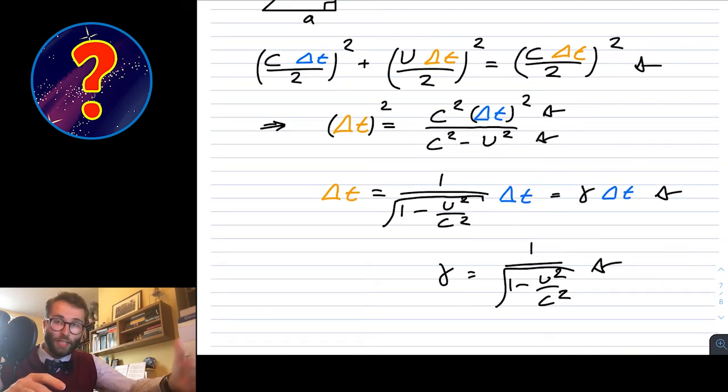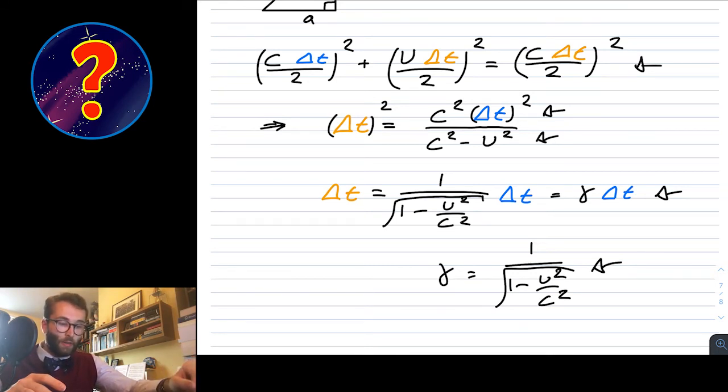So this result is really quite remarkable. What this tells us is that the time taken for a tick of the blue clock, as measured by someone outside of the train, is not the same as the time taken for a tick as someone would measure inside of the train.